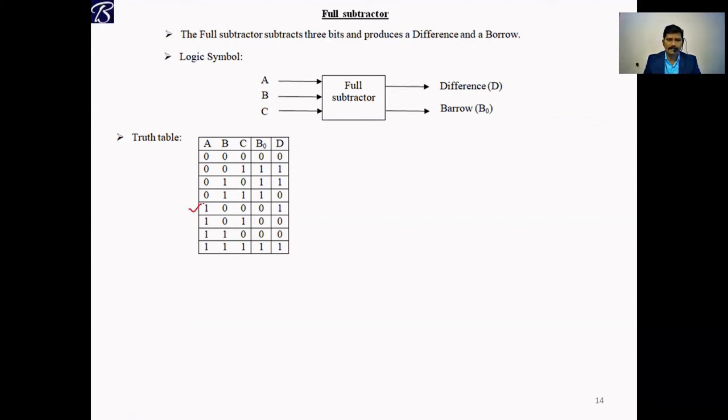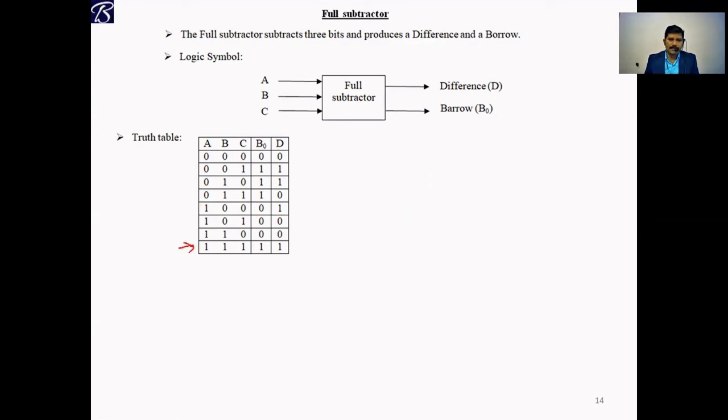Let us see this case, where 1 minus 0 is 1, and again minus 0. If you take 1 minus 0, difference is 1, borrow is 0. See here, difference is 1, borrow is 0.